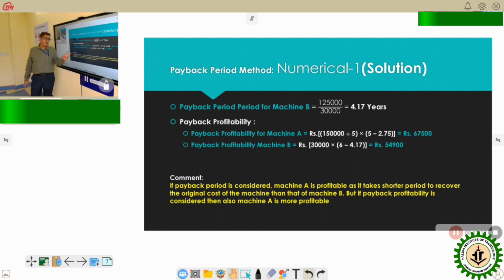We can apply any one criterion, either payback period or payback profitability, for taking the investment decision.